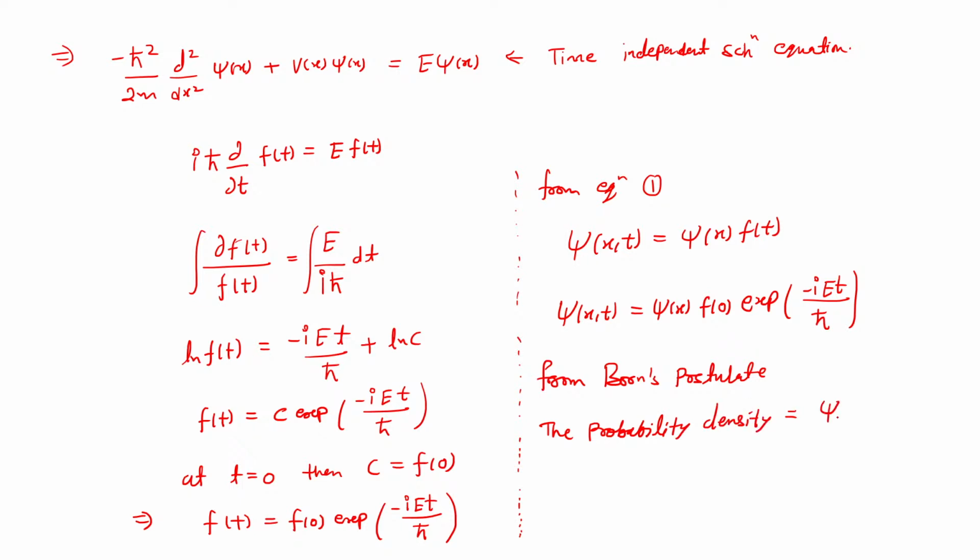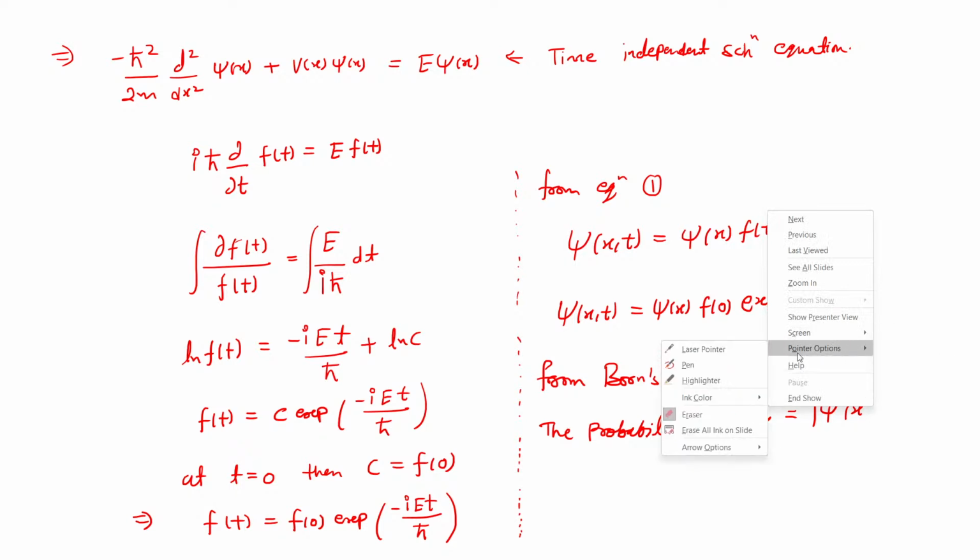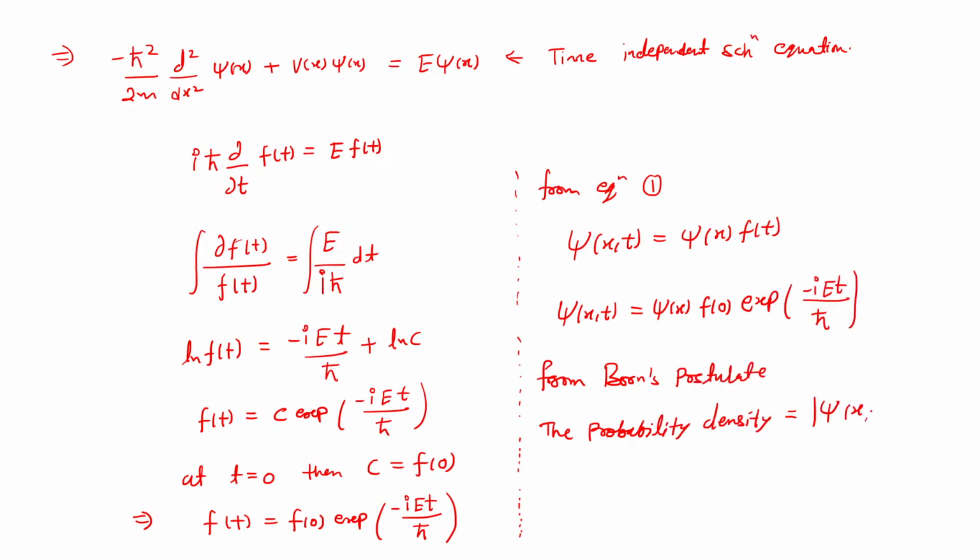It is given as mod psi x square. If you remember from the last session, it is given as psi x, and if it is like psi x t, you can write it as mod psi x t square, no problem with that. Complete thing, mod psi x t square.